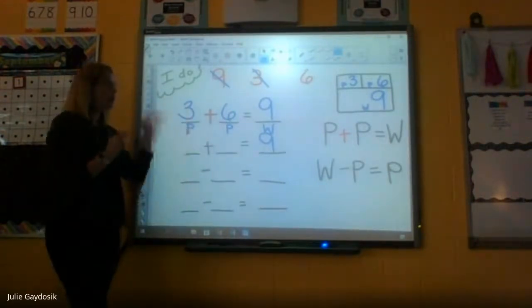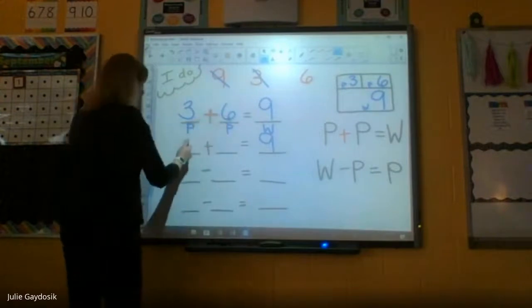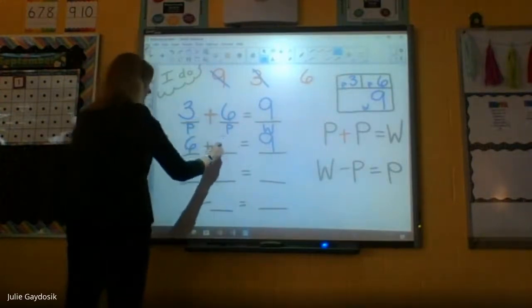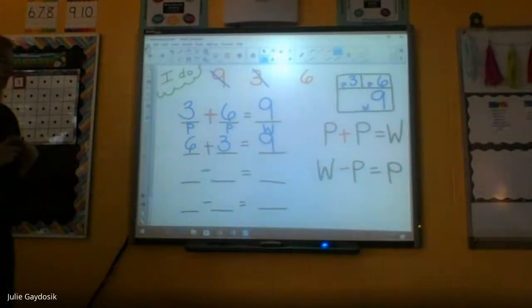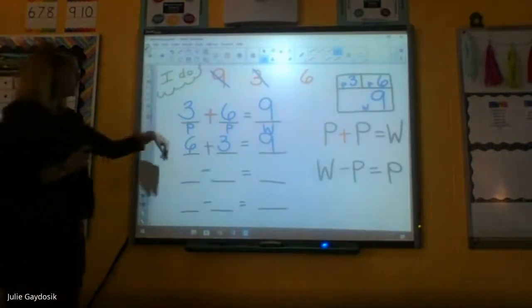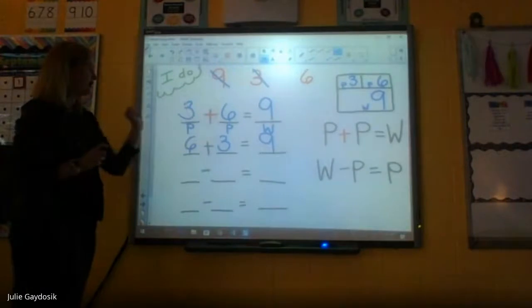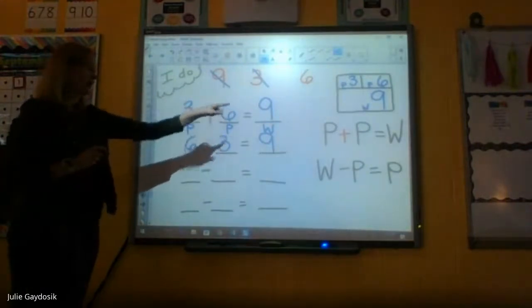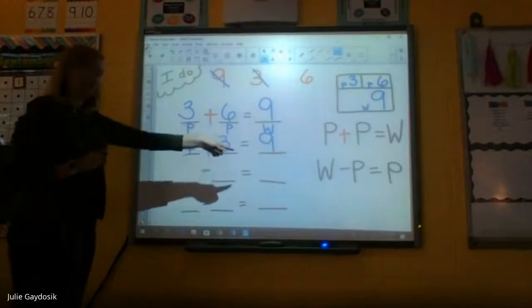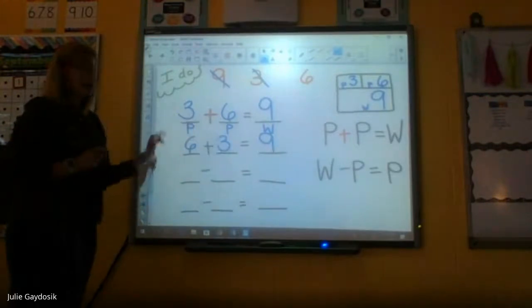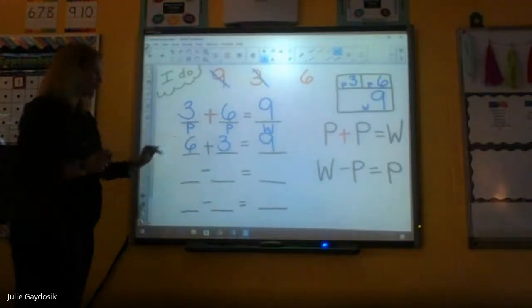No, I'm going to do the opposite. So I'm going to take this number and put it first. 6 plus 3 equals 9, okay? Because if this was circles and this was squares, this would be 3 circles plus 6 squares equals 9. Well, then this would be 6 circles plus 3 squares equals 9. So they both equal 9. You need to show both addition equations.